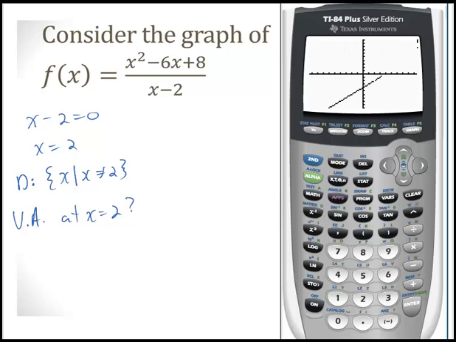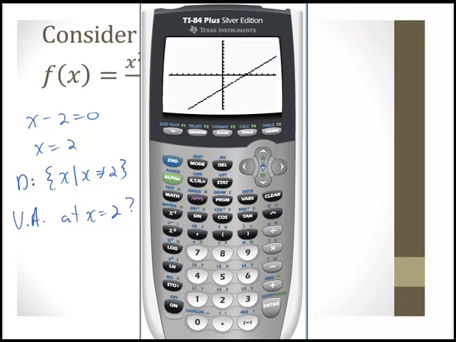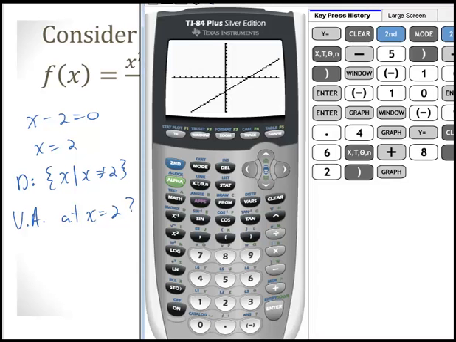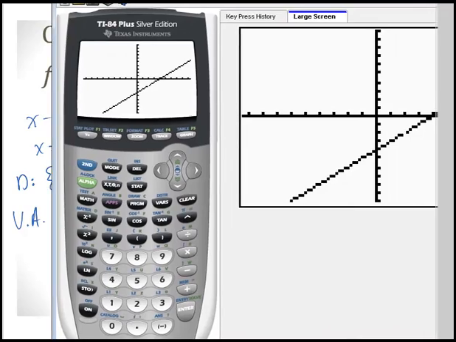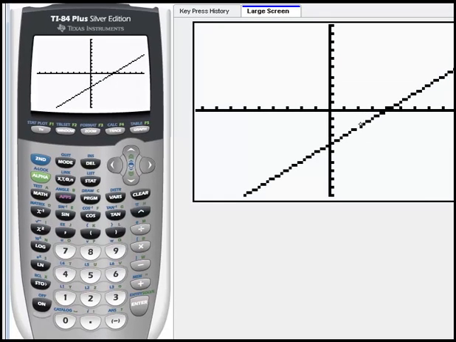Alright, so when I graph it, I get a line. I don't get a vertical asymptote at x equals 2. Now, if you look really close at the graph, you see right here, when x equals 2, notice it kind of skipped a point there.